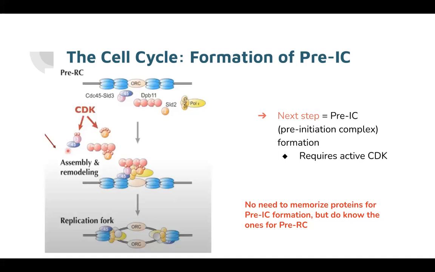These proteins that are added to form the pre-IC need high levels of CDK, or active CDK. So this would happen later in G1 once CDK is activated. And it says here that you don't need to memorize proteins for pre-IC formation, but you should know the ones for pre-RC.